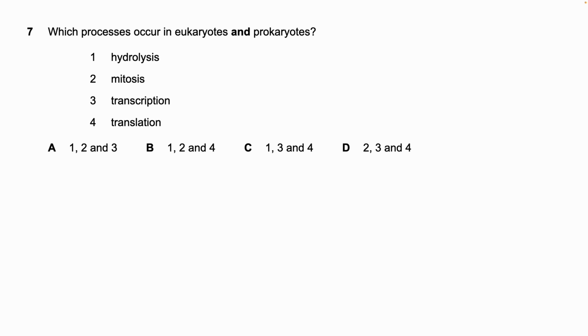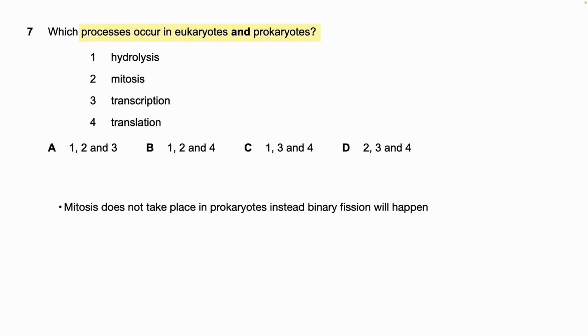Question 7. Which process occurs in eukaryotes and prokaryotes? The processes given are hydrolysis, mitosis, transcription, translation. Mitosis does not take place in prokaryotes. Instead, binary fission happens in prokaryotes.